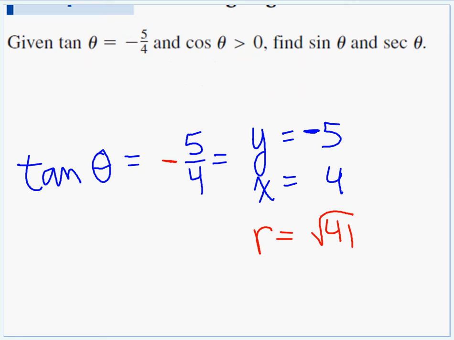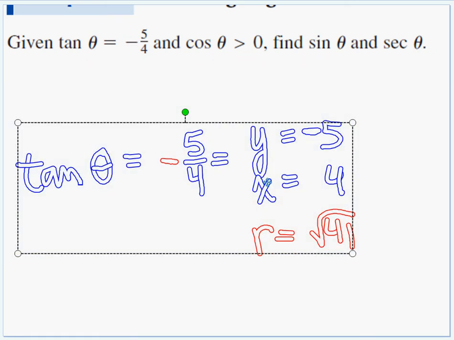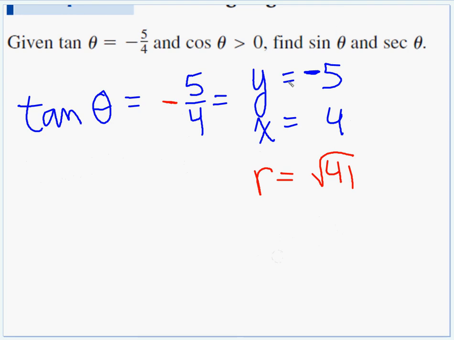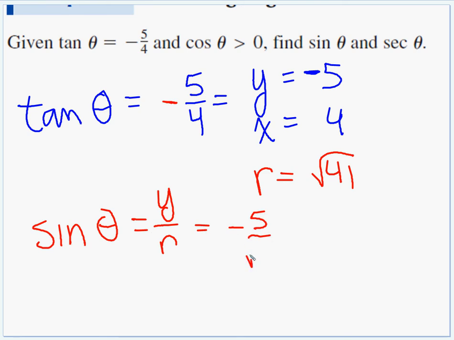Okay. Now, they asked us to find the sine of theta, and sine is simply the y-coordinate over the r length. So in our case, that's going to be negative 5 over the root of 41, and if we rationalize, negative 5 root 41 over 41. All right. Now, the next thing they want is secant.